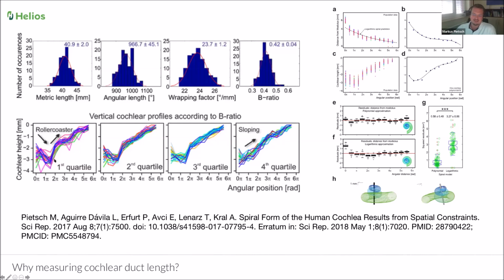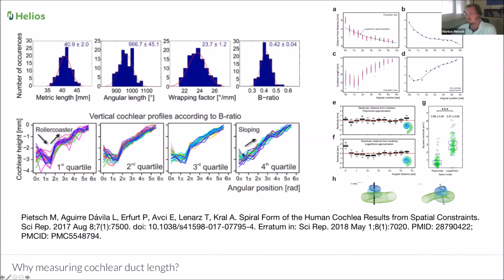So there is a dip in the turn of the cochlear duct, where it dives down and then climbs up on the second turn. And if you look at the fourth quartile, you don't find this roller coaster.